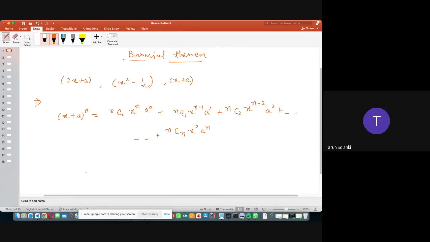Okay, so here again we can write this as (x plus a) power n, which becomes the sum over r equals 0 to n of nCr x to the power n minus r a to the power r. Okay, so this is the formula.